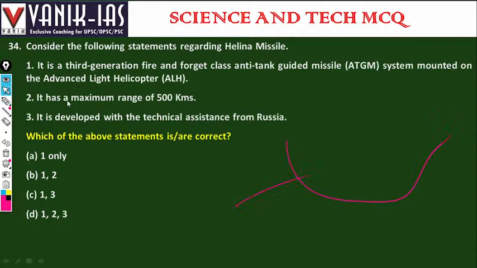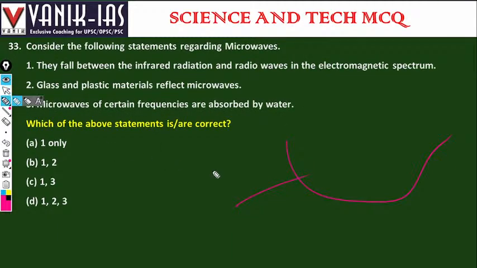Microwaves have shorter wavelengths and can be absorbed by water. This is right. So 2 is wrong and 3 is right. So only options 1 and 3 will be right: they fall between infrared radiation and radio waves in the electromagnetic spectrum.